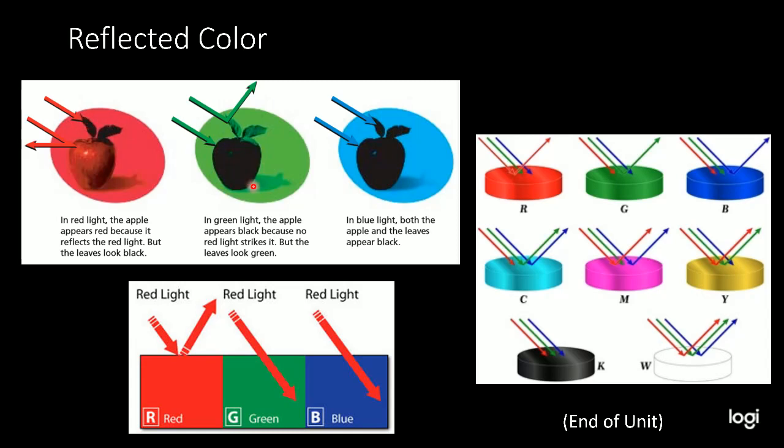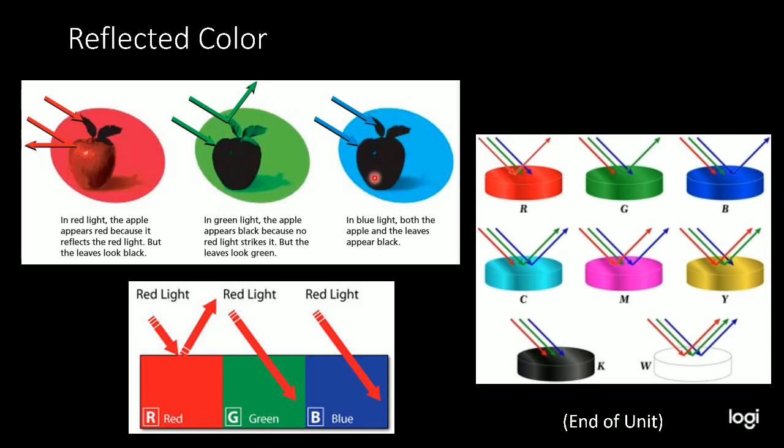Now, if we were to shine a green light at our red apple with green leaves, the red apple is going to absorb all of that green light energy and it can't reflect anything back. So it appears black or gray or dark, and we can't really see the color of the apple. The green leaves, however, can reflect all of that green energy and we will see the leaves as green.